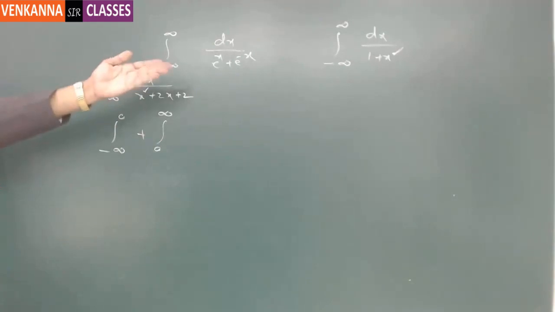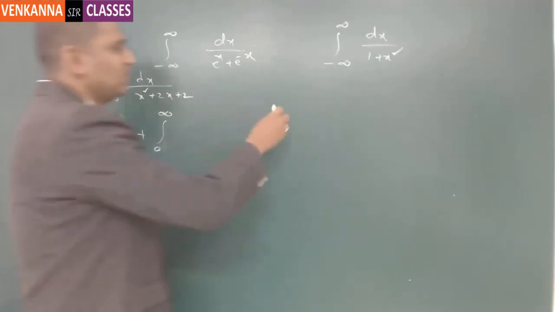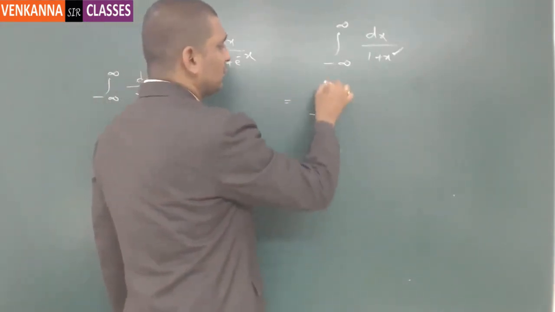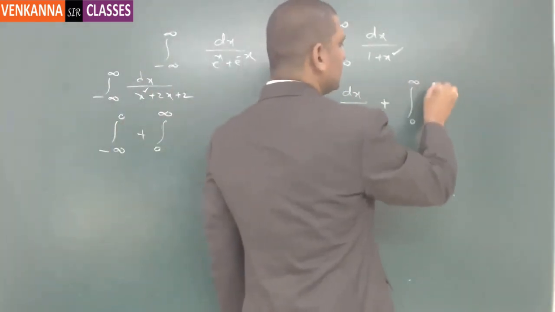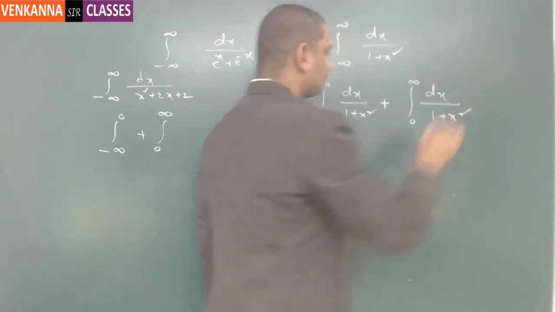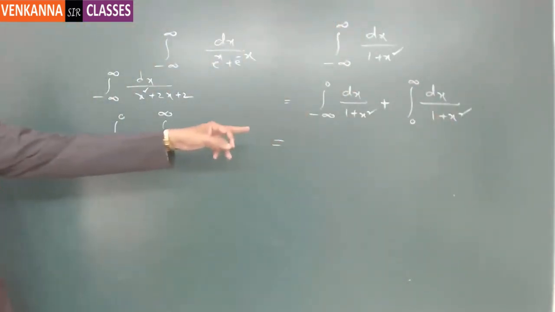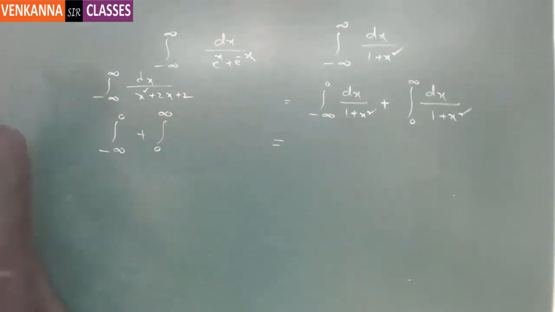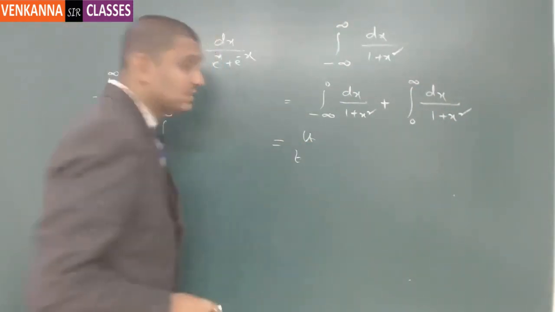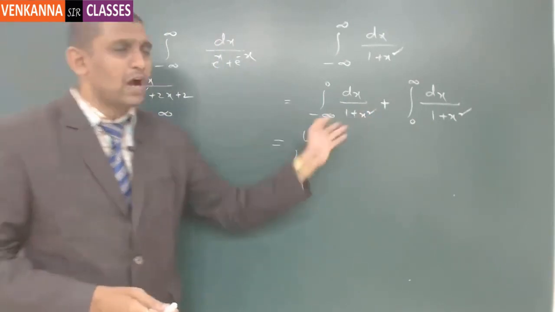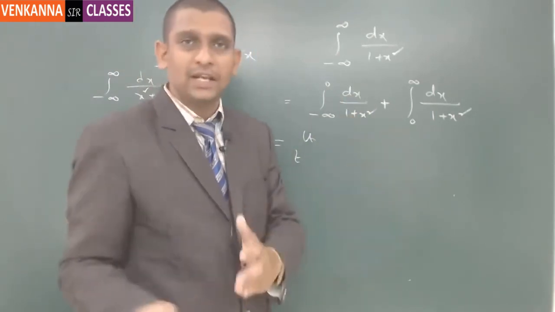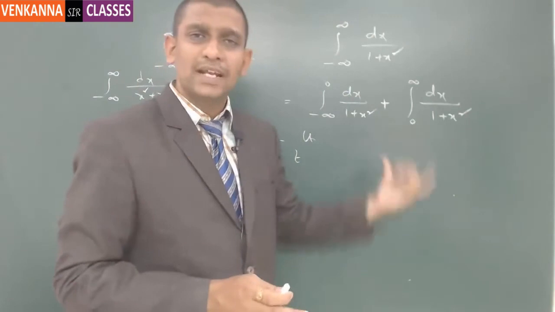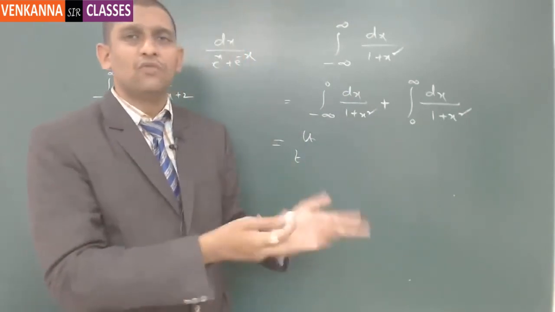If you take the second problem, the integral of dx by 1 plus x square is tan inverse x. So this will be taken as integral minus infinity to 0 dx by 1 plus x square plus integral 0 to infinity dx by 1 plus x square. Evaluation of these integrals is similar to the previous method. Since we have two integrals, you can use two symbols if you evaluate them separately, or if you evaluate them simultaneously, use t1 and t2 for the limit part.